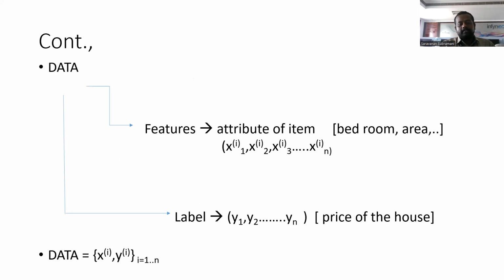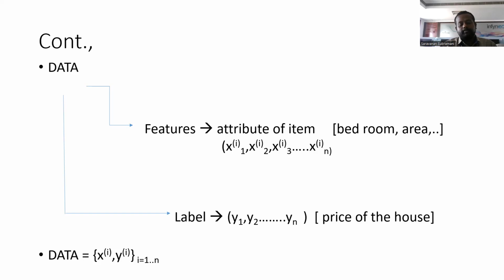And the labels are like the price of the house, or some value which we assign to something, identified by variables like y1, y2, etc. So these features act like input values and these labels act like outputs. Features are generally identified by using x and labels are generally identified by using y.